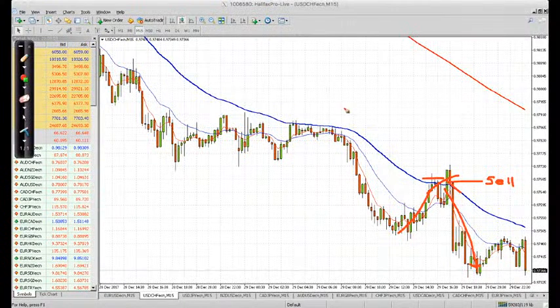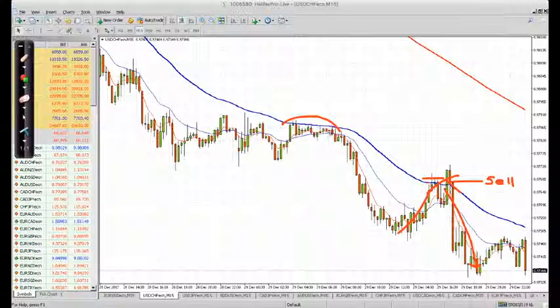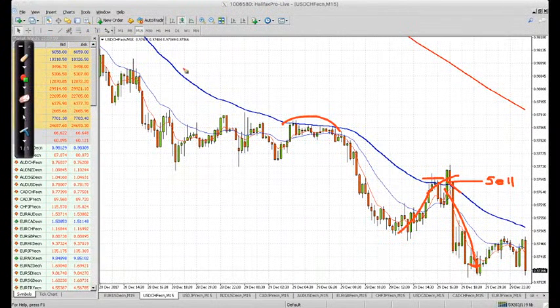So based on the 50-minute candles, this would be a good entry to sell, right? Because it's hitting the 50 moving average resistance and it's on a downtrend. But what do you need to do? You always need to check the hourly candles to ensure that it is aligned. So how do I do that?